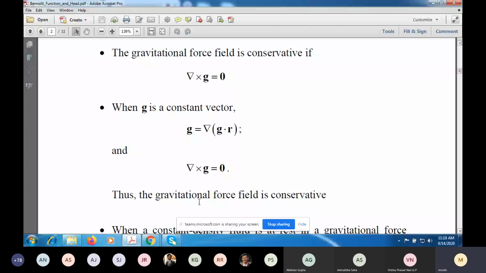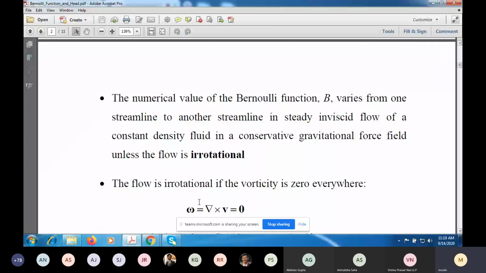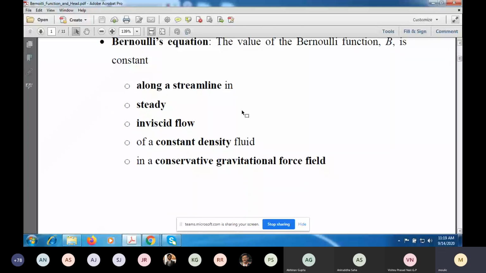So if we come back and look at these conditions, the last condition will always be satisfied for the cases which we are going to consider in this course, because we are going to assume that the gravitational acceleration vector is a constant vector. And we are going to deal with flow of water, which is a liquid. We can neglect density changes.